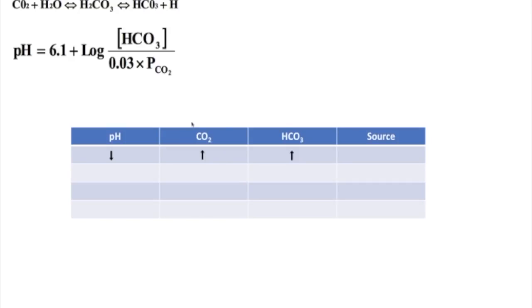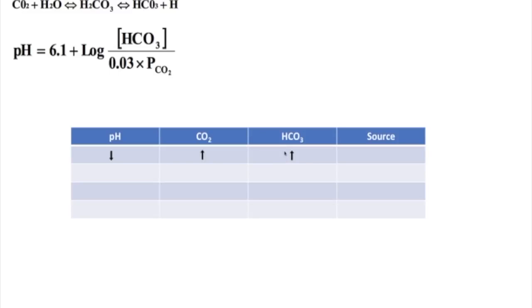So when you're looking at these two parameters, the pH has dropped. A rise in CO2 is what must be causing that pH to drop, because of these two parameters, that is the one that will cause an acidosis. The bicarb is up because it's a compensatory mechanism. In response to the acidosis, your kidneys are trying to conserve bicarb, and bicarb has risen in the blood.